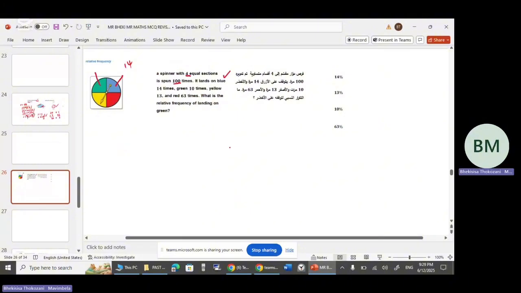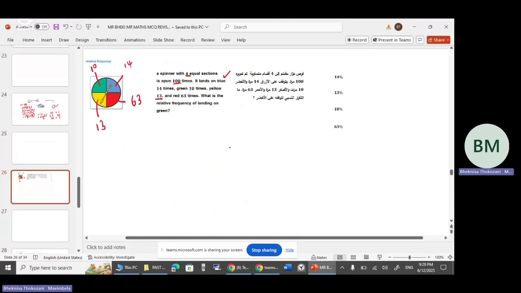How many times did they say for green? 10 times. And then for yellow, this is your yellow. And it says for yellow 13 times. And for red, it says 63.